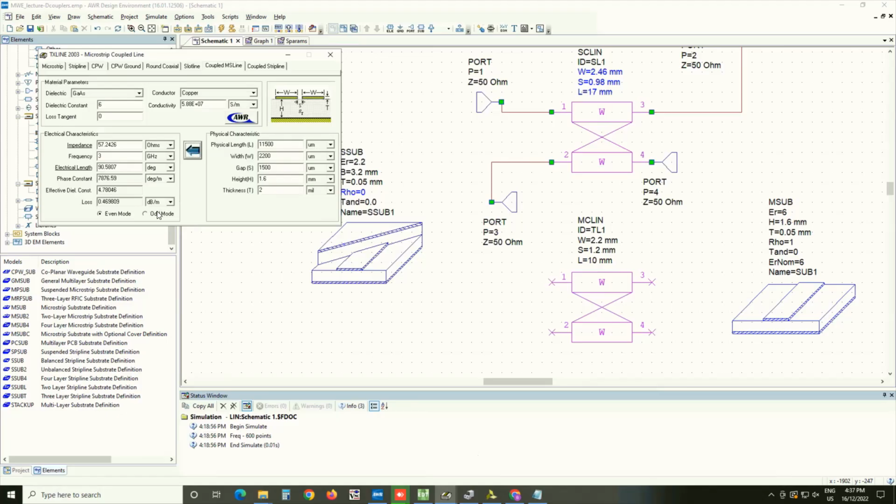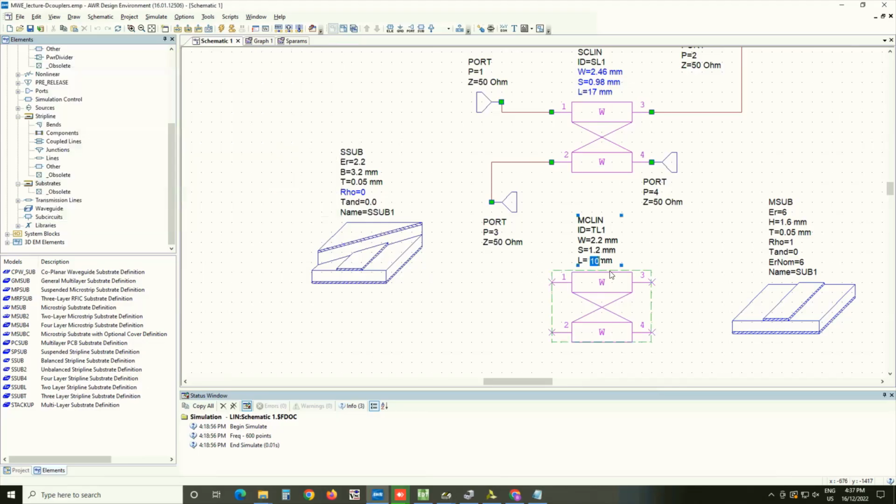That's 11.5. And then the odd mode is basically a smaller electrical length because the speed is slower. Remember, the impedance is lower, so the speed is also slower. So length is 11.5.